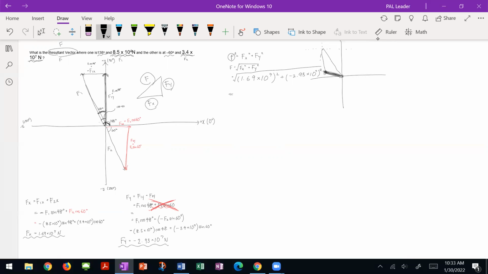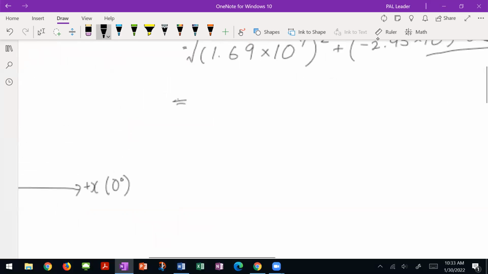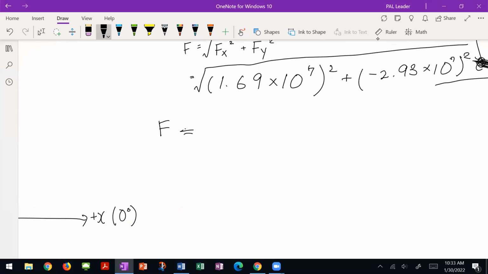2.93 times 10 to the power of 7 squared. Okay. I got something like 3.38 times 10 to the power of 7 newtons.